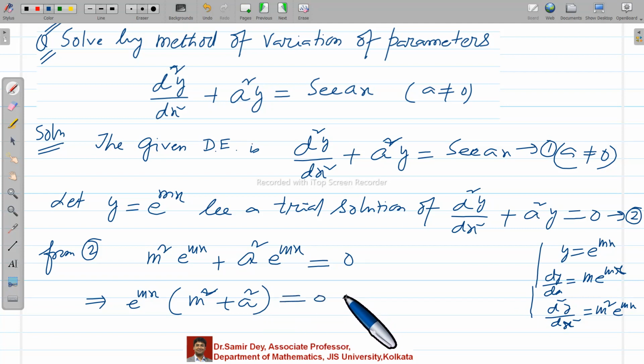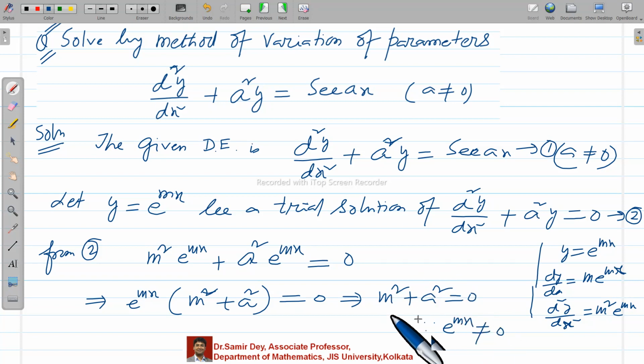Okay, so from here you may write m^2 + a^2 = 0, since e^(mx) is not equal to 0. Clear? Because you have already considered it as a solution, it cannot be 0. Clear? So this equation is called the auxiliary equation, AE. Now we have to solve it to find the value of m.